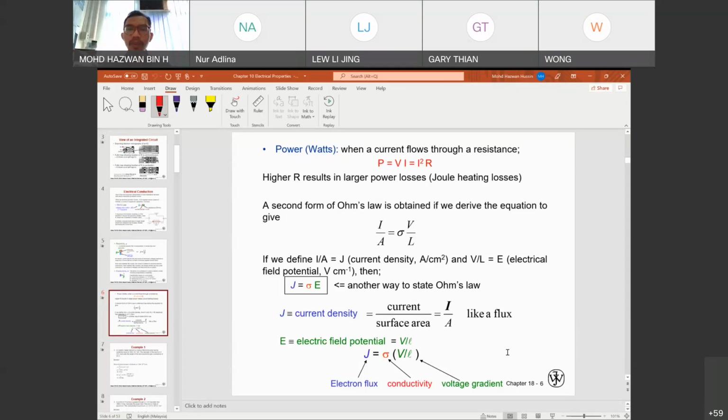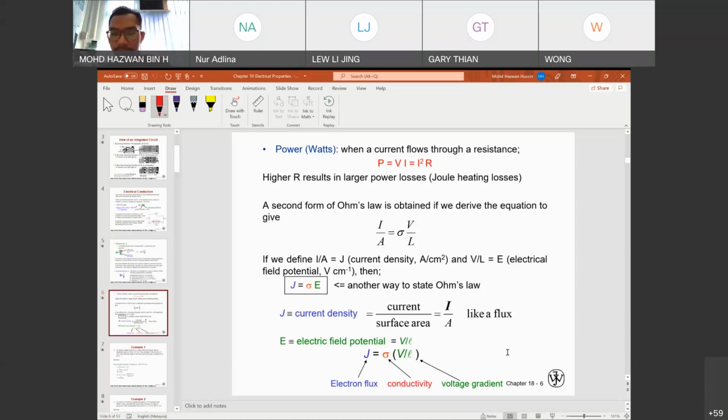A second form of Ohm's law is obtained if we derive the equation to give this variation, where current over area is equal to flux. Sigma is now considered as conductivity. Conductivity multiplied by voltage over length, and this can be easily simplified as J. J is actually current density.